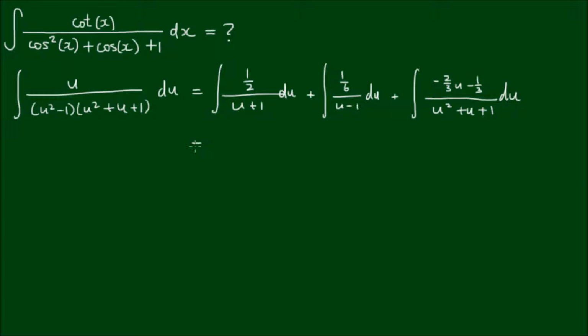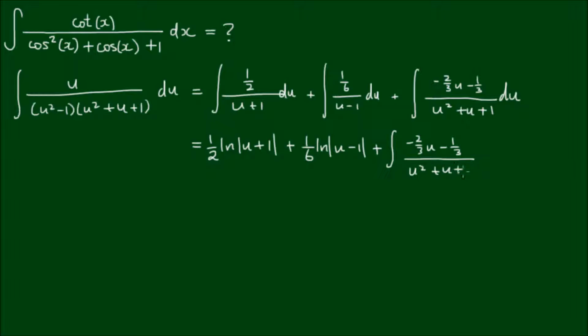The first two are very straightforward. It simply comes out to be 1/2 of the natural log of u plus 1 plus 1/6 times the natural log of u minus 1 plus the remaining integral of negative 2/3 u minus 1/3 divided by u squared plus u plus 1 with respect to u.